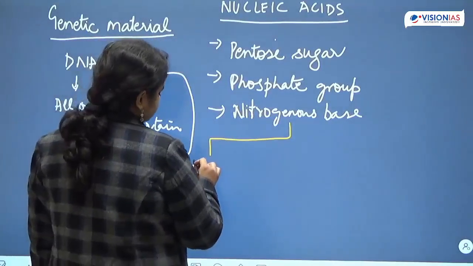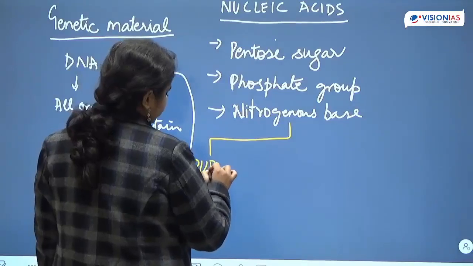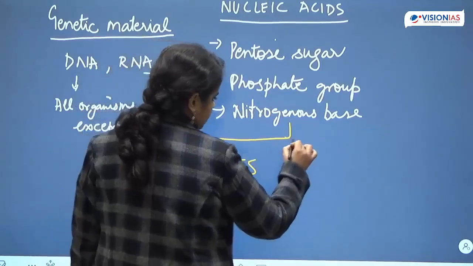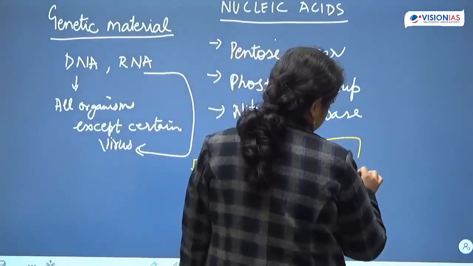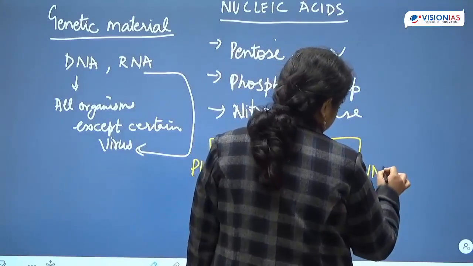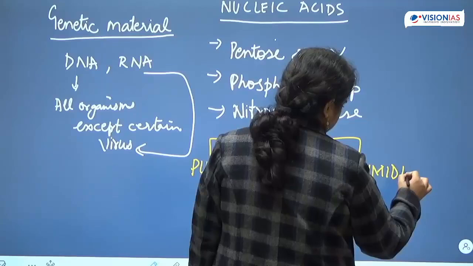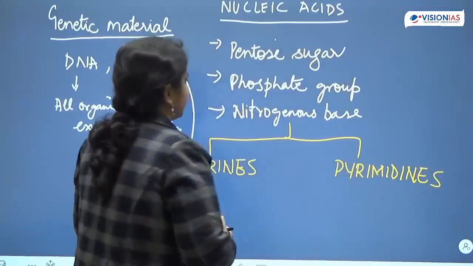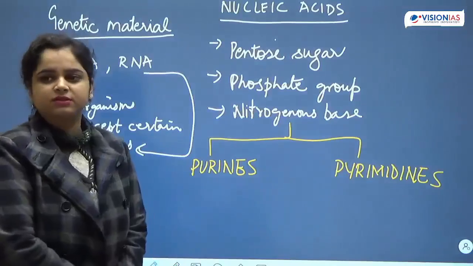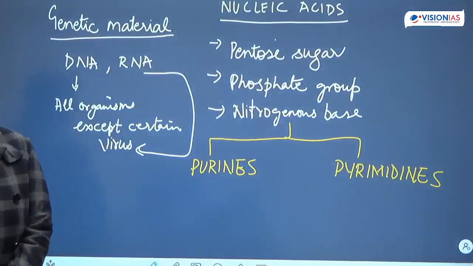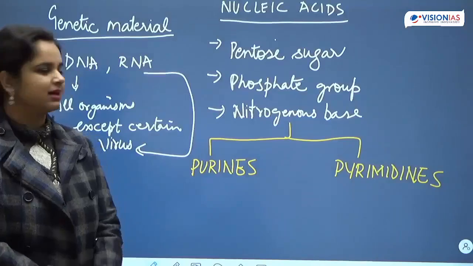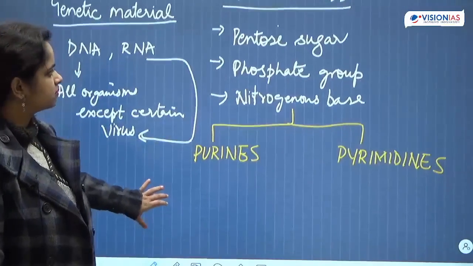Nitrogenous bases can be further divided into two groups, purines and pyrimidines.